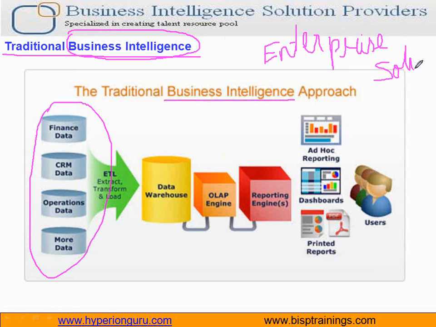So the second place where Tableau got a good market, and not only Tableau but similar products like QlikView, Tibco Spotfire, is that they found the space to provide a solution to the customer across different departments in addition to individual departments. You can call this a departmental BI for one department.